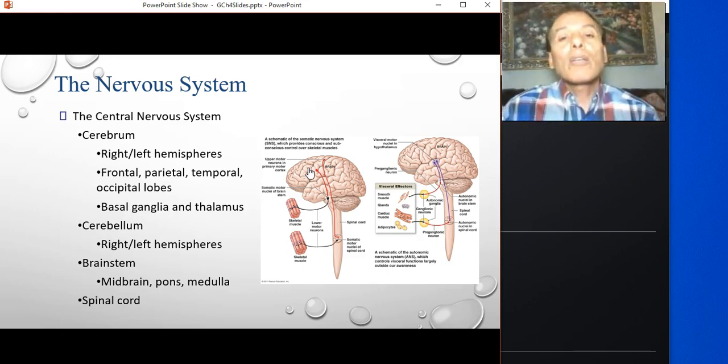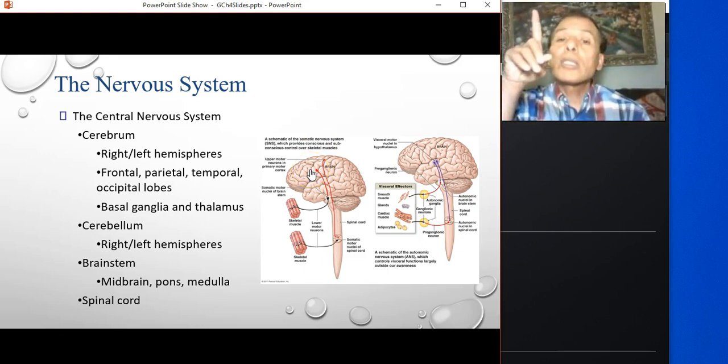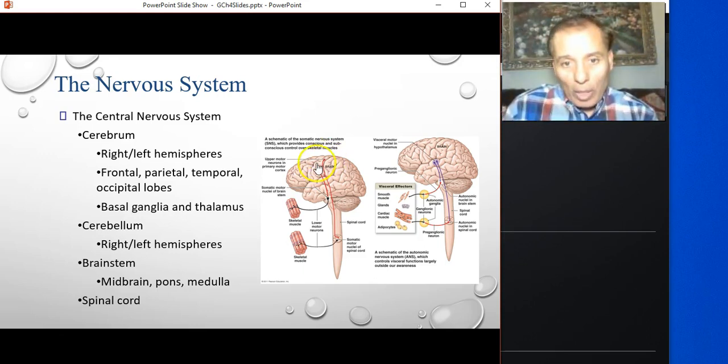I'll give you some basic functions, to list them, so I need you to know them. So the frontal lobe of the brain has the centers for voluntary movement of the body, and also it has planning for movement.